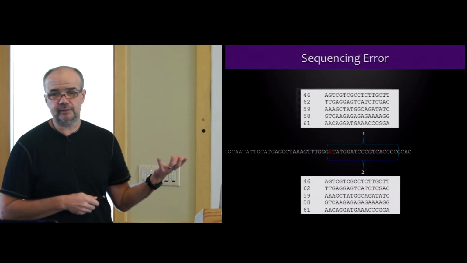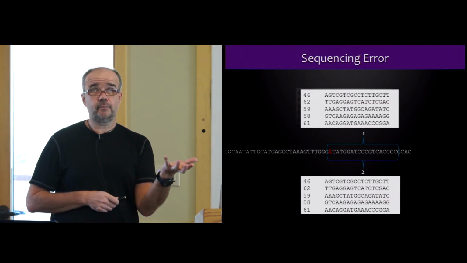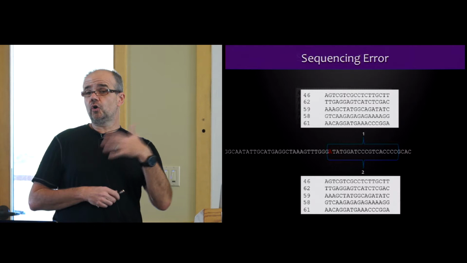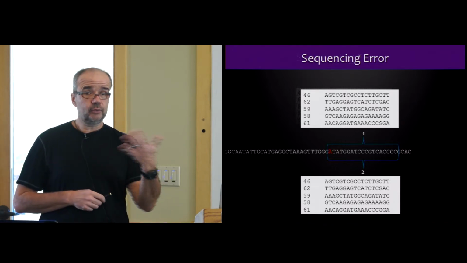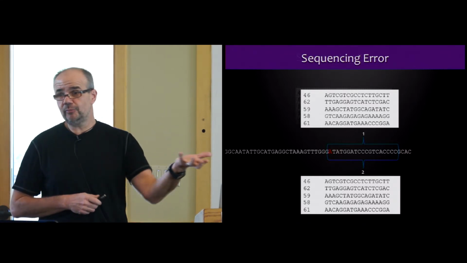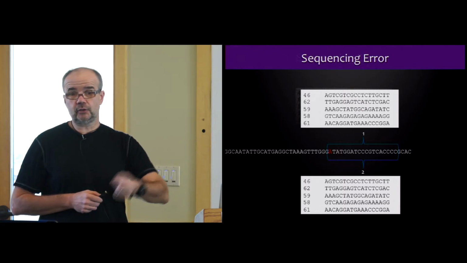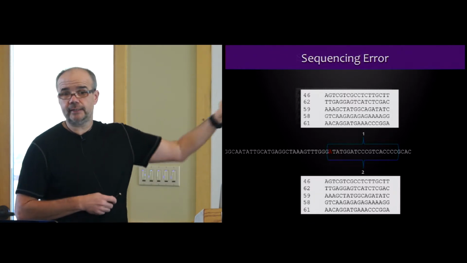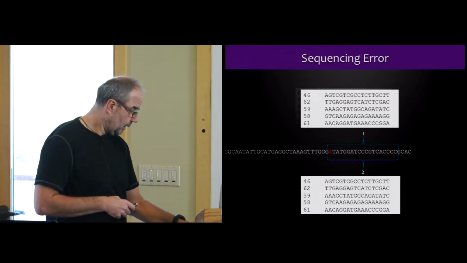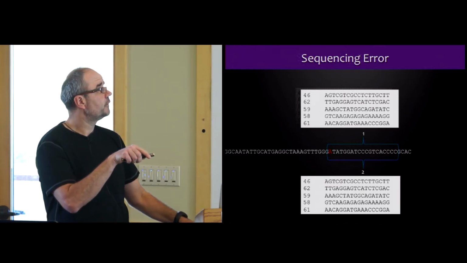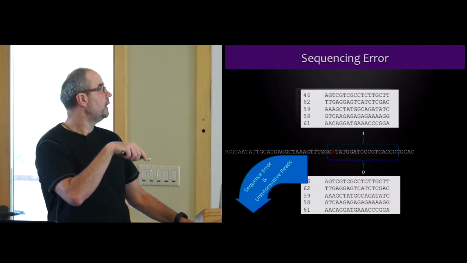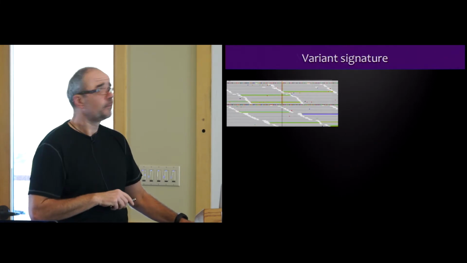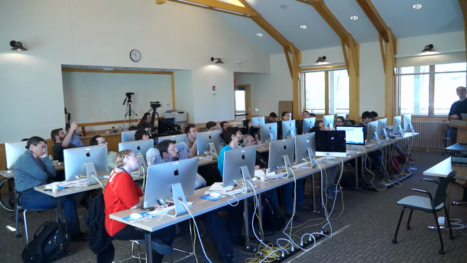Unless the errors occur systematically, you'll only see a one-off. If the machine makes that same error over and over again, then of course you get fooled. But the idea is that in these situations, you throw that data out as sequencing error. You don't get fooled if it's systematic, because then it's in both samples. That's true.